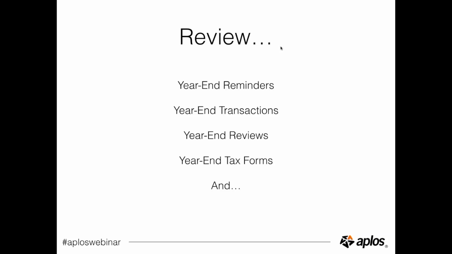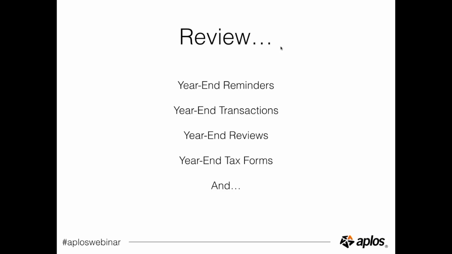But as a review, we've covered some year-end reminders, so things that you either need to remind people of or remind yourself of as this year wraps up, so that you go into the new year with all your boxes checked. Year-end transactions, so make sure that your bookkeeping and your overall data entry is up to date and taken care of.